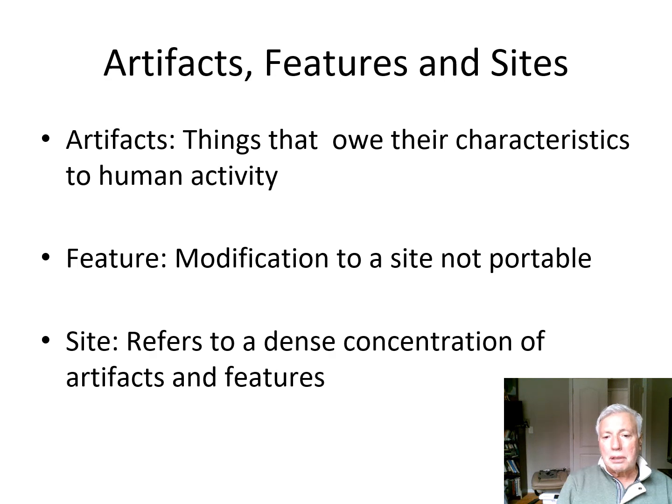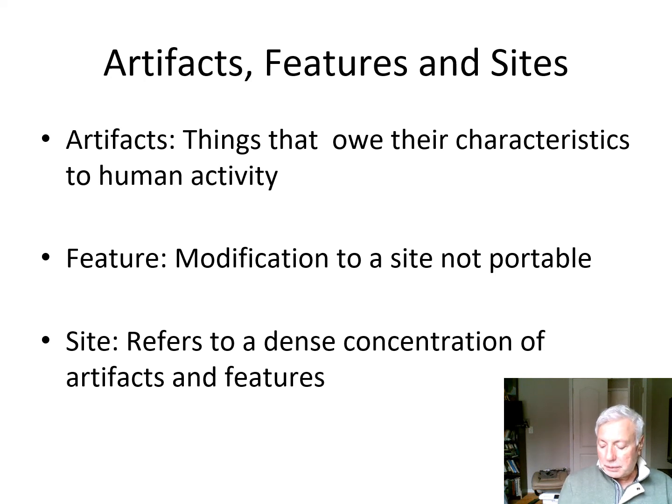These are things that owe their characteristics to what people do, a human activity. So nothing is an artifact unless it's produced by a person. So whether it's a beautifully shaped figurine of 15,000 years ago or a discarded stone flake that was thrown into a field, nonetheless, these are items made by people.